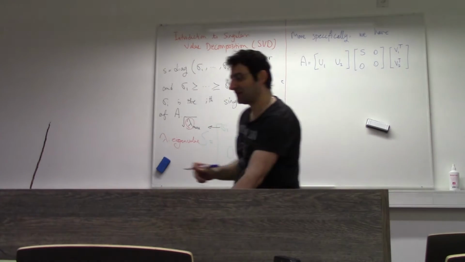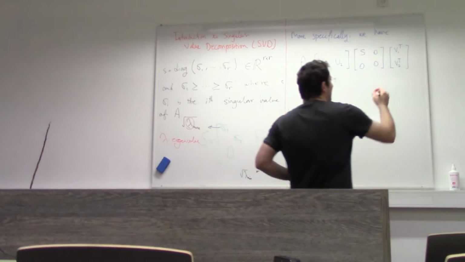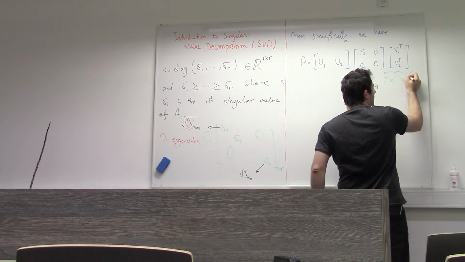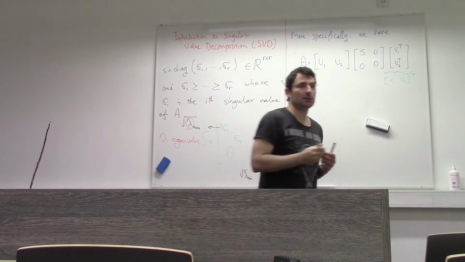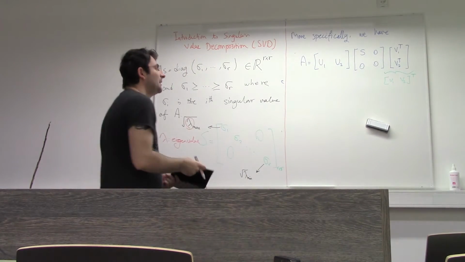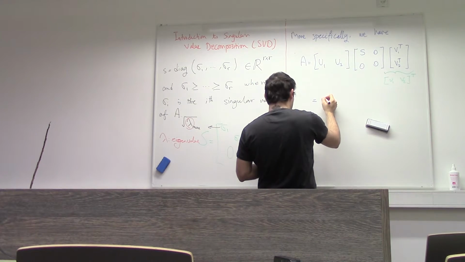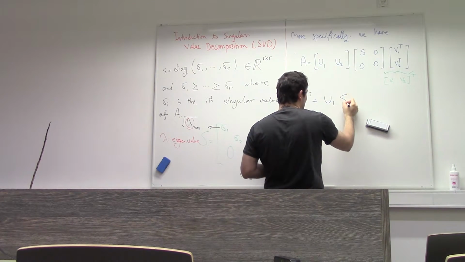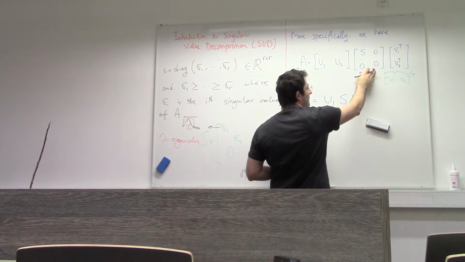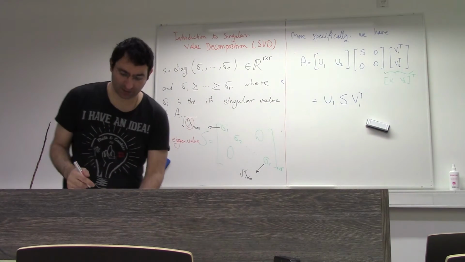You may see that some books use this notation instead, writing V1 V2 transpose. If we do the multiplication, we get U1 S V1 transpose, because U2 and V2 are multiplied by the zero parts of our block matrix.